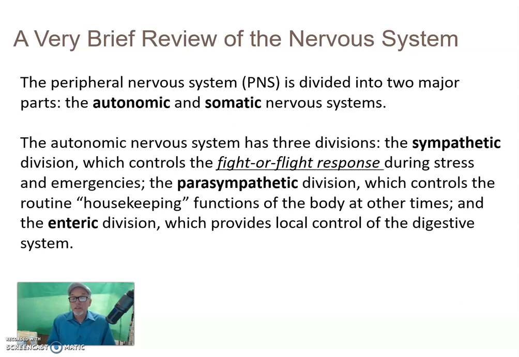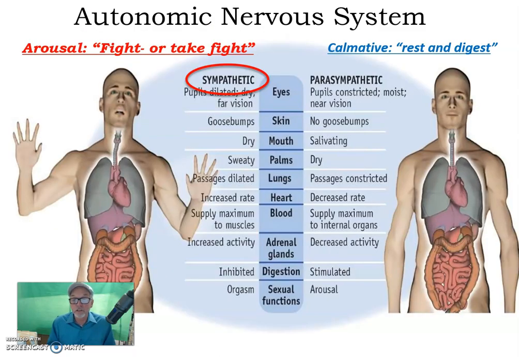And the autonomic nervous system has three divisions: the sympathetic division, which controls the fight or flight response during stress and emergencies, and the parasympathetic nervous system, which in non-emergency stressful situations controls the routine housekeeping functions of the body. And then the enteric division, which provides local control of the digestive system.